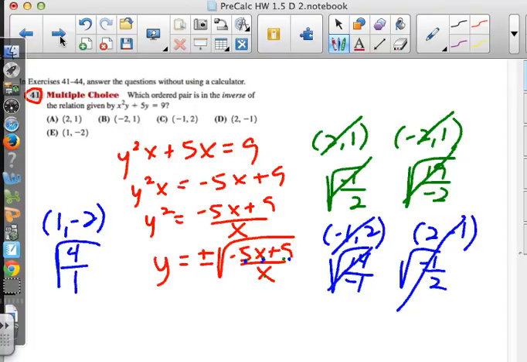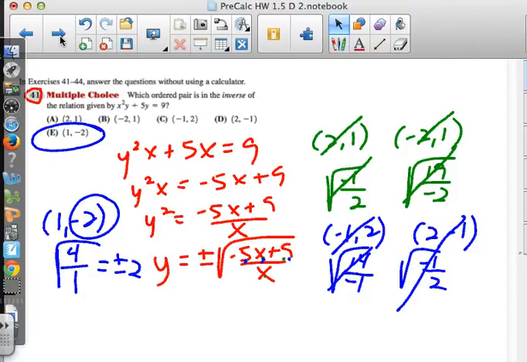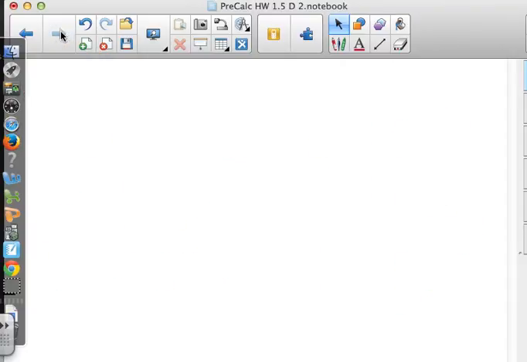And the square root of 4 over 1 is positive and negative 2. Boom, we found it. That's going to work. So, as often is the case when you have a trial and error problem like this, the very last one was the one that worked in the problem. And that is it for this section.